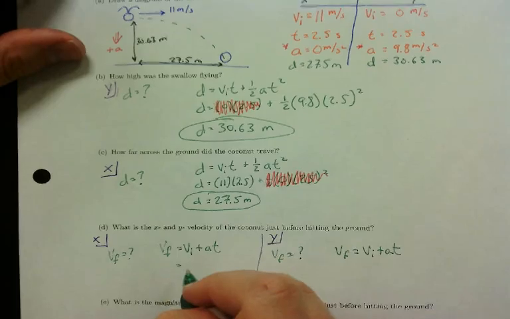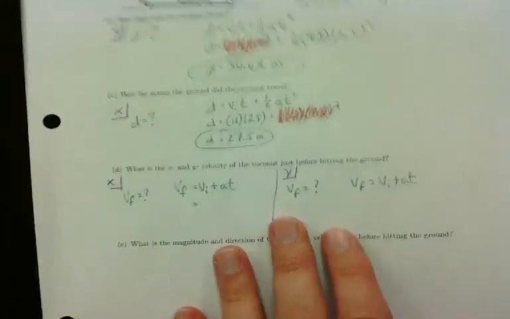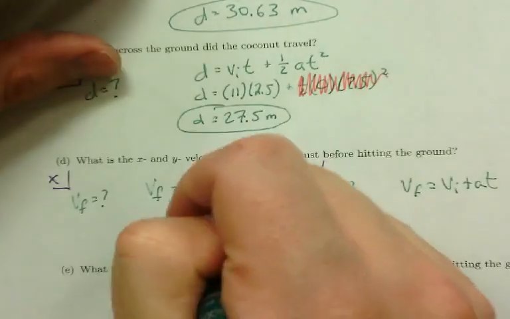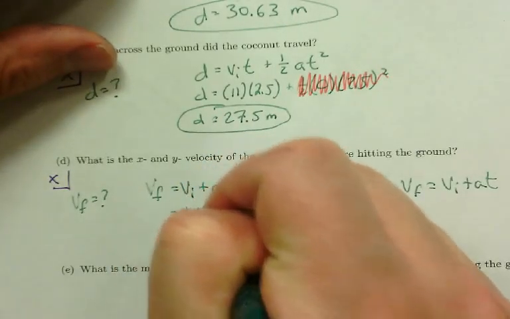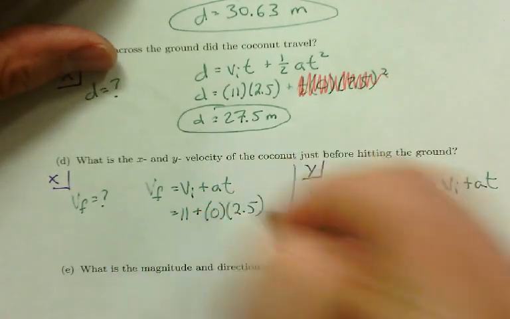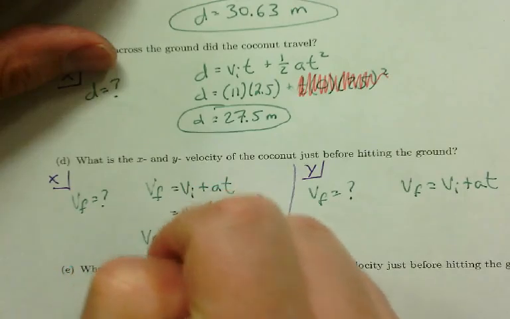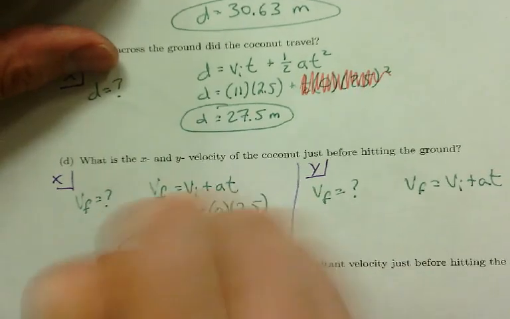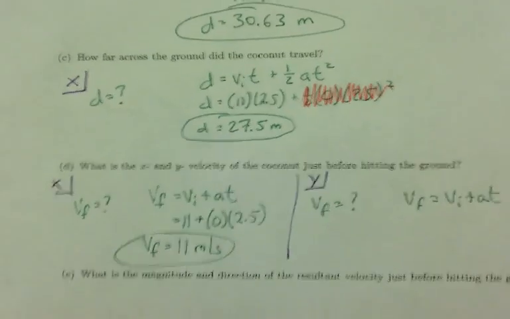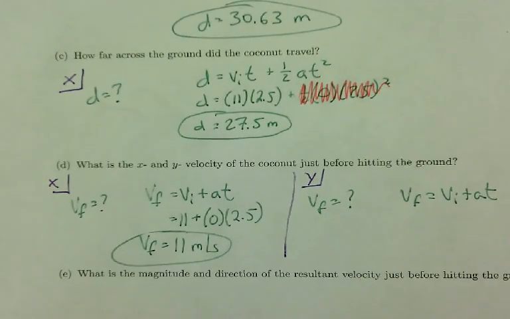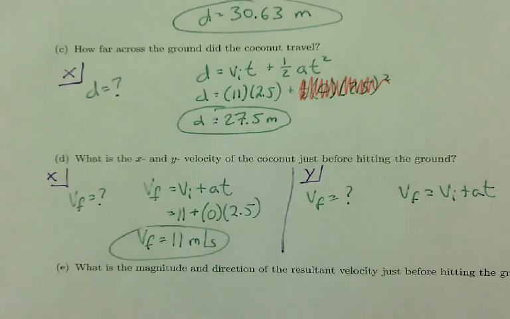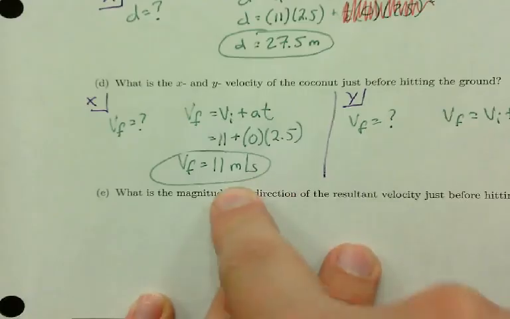So VF is going to be equal to VI, which is 11, here I'm going to zoom in so you can see a little better, 11 plus the x acceleration, which is 0 times 2.5, which comes out to be 11 meters per second. Is that surprising? Well, hopefully it's not surprising, because as we've talked about before, the velocity in the x direction is constant. So if the initial velocity was 11, the final velocity better be 11.